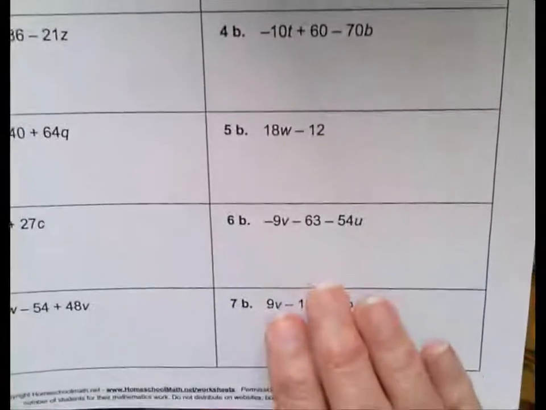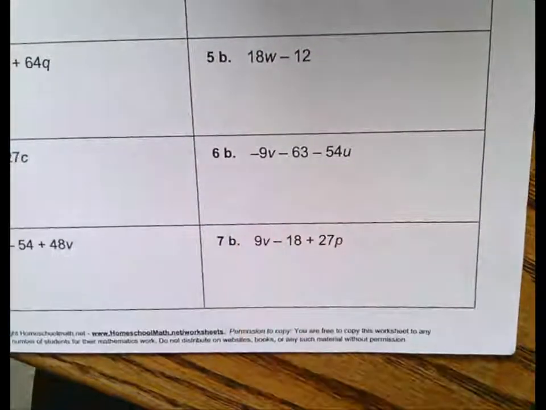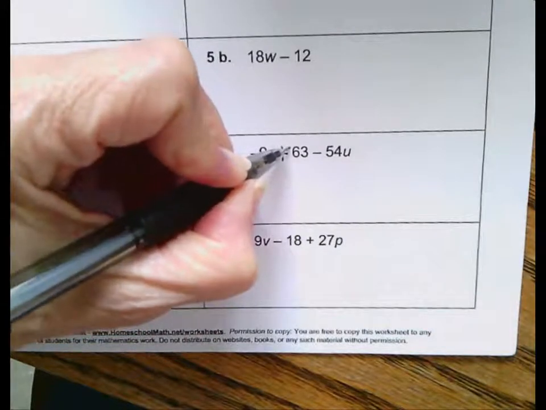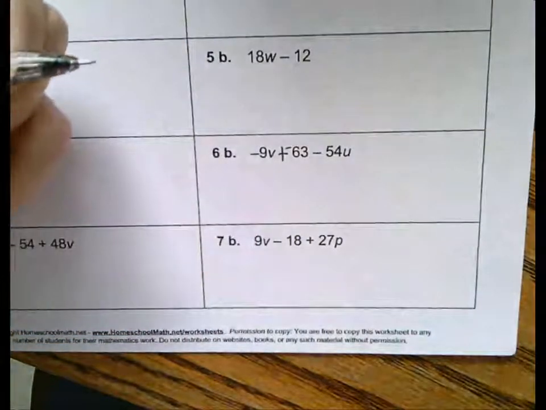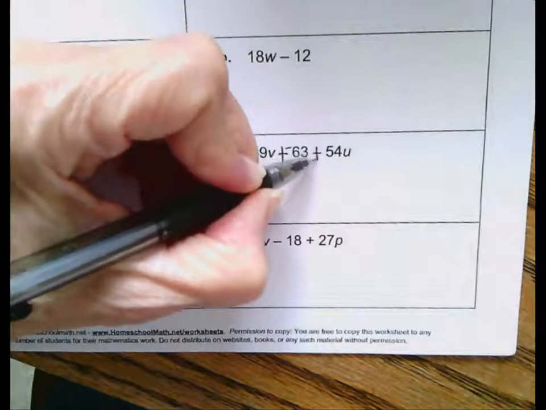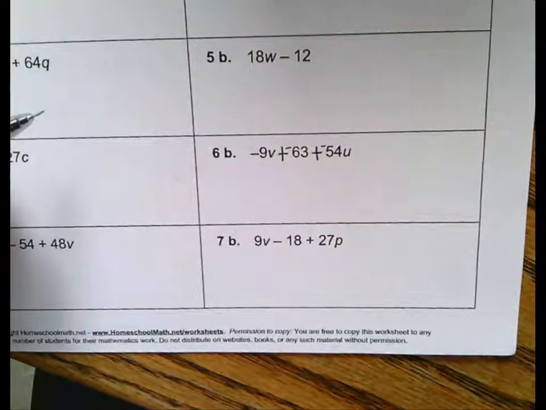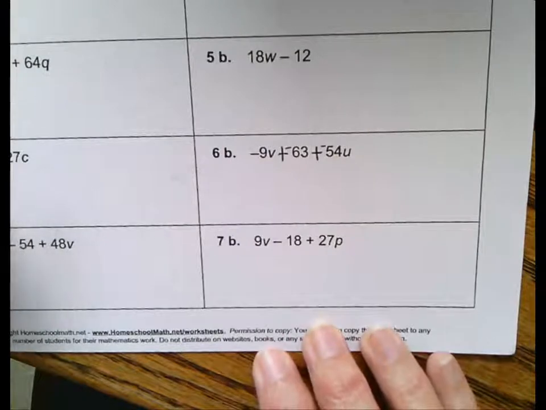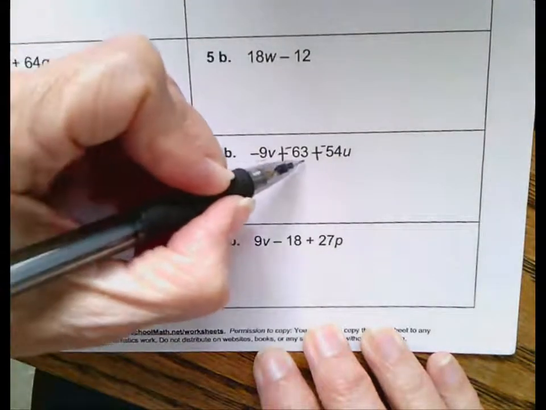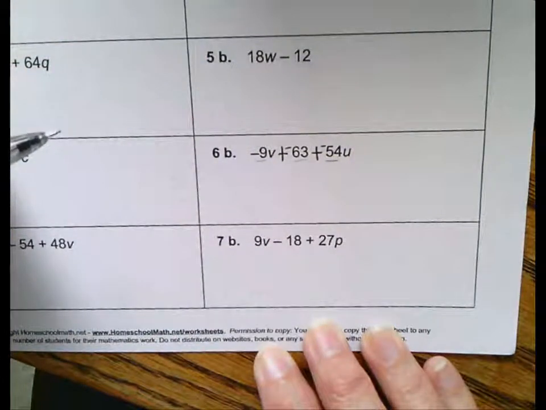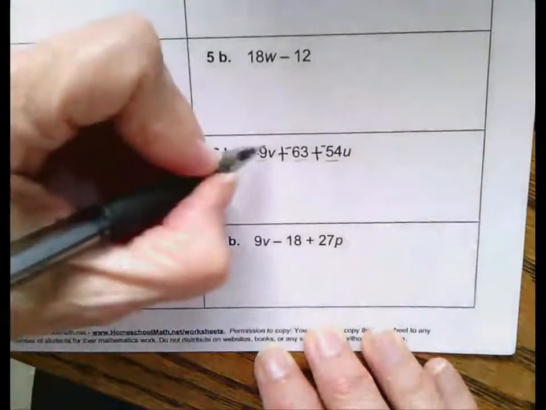Jumping down here to number 6b, I'm going to change this to a plus and make that a -63. Change this to a plus and make this a -54u. So now I'm going to look at the number that has the least absolute value, and that would be my 9.